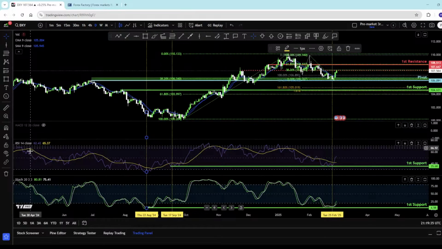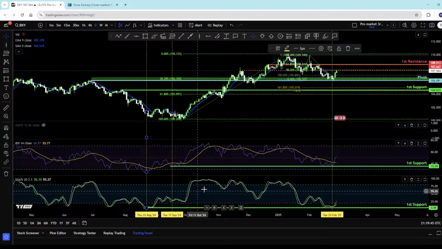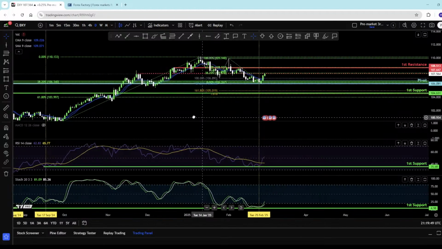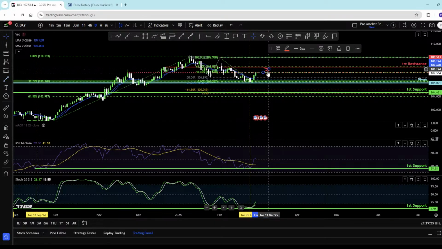So on our RSI and stochastic, when our indicator shows it bouncing off this support level, hidden support, prices actually went upwards. So similarly, we're expecting that to happen here as well towards our first resistance.